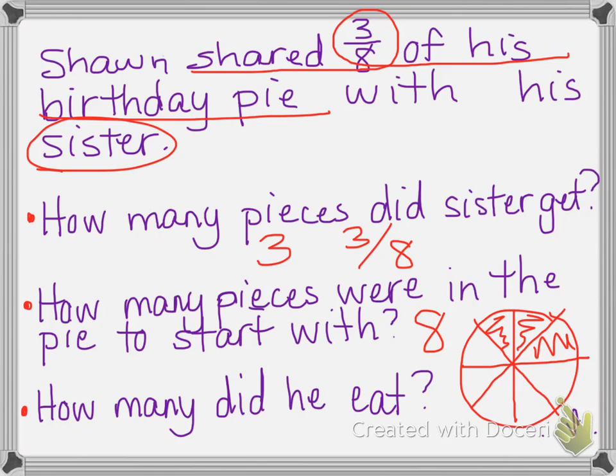We have to look at the unshaded portion of our drawing to figure it out. So looking at this, we can see that there are 1, 2, 3, 4, 5 pieces of the pie left. So Sean ate 5 out of 8 pieces of the pie, which is 5/8.